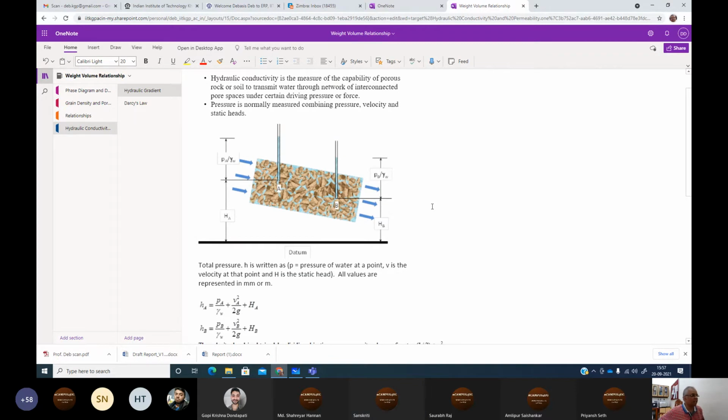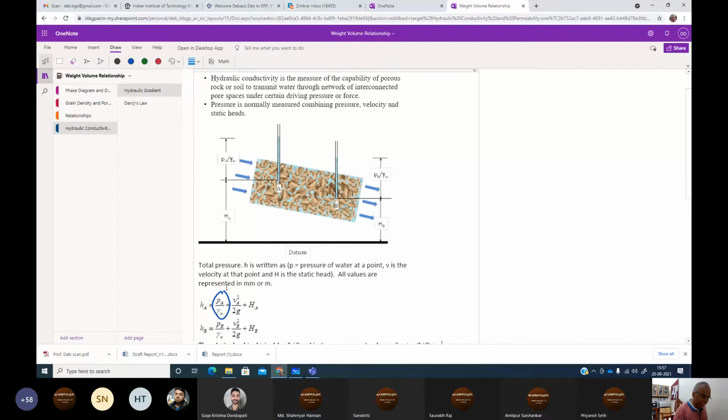Now, if I divide it by the density of water, what happens to its unit? Like here, this PA, what will be the unit of this? Unit of length. Yes, meter.